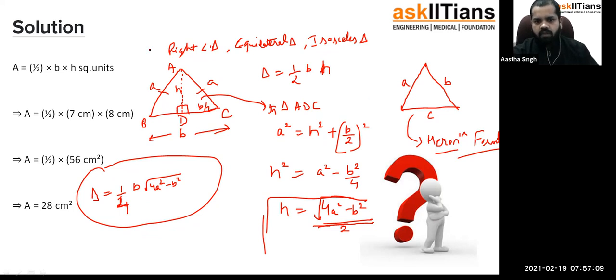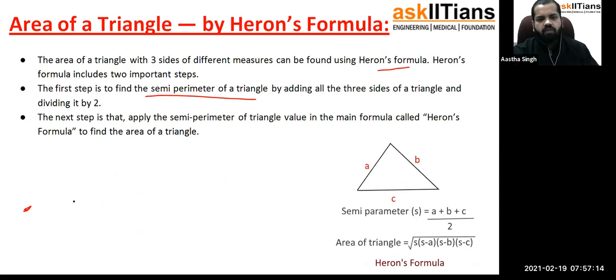So now let us study what Heron's formula says. Heron's formula says that if all three sides A, B, and C are known, first find the value of S. S is half of the perimeter, which is basically A plus B plus C by 2, right?